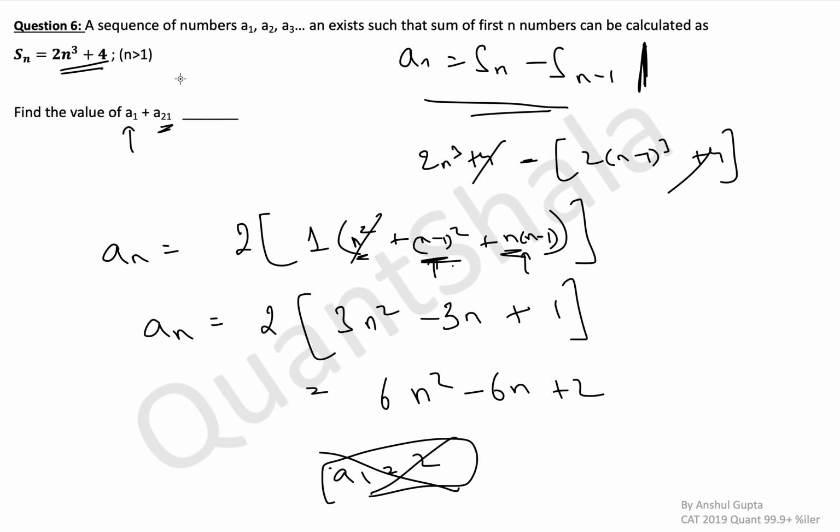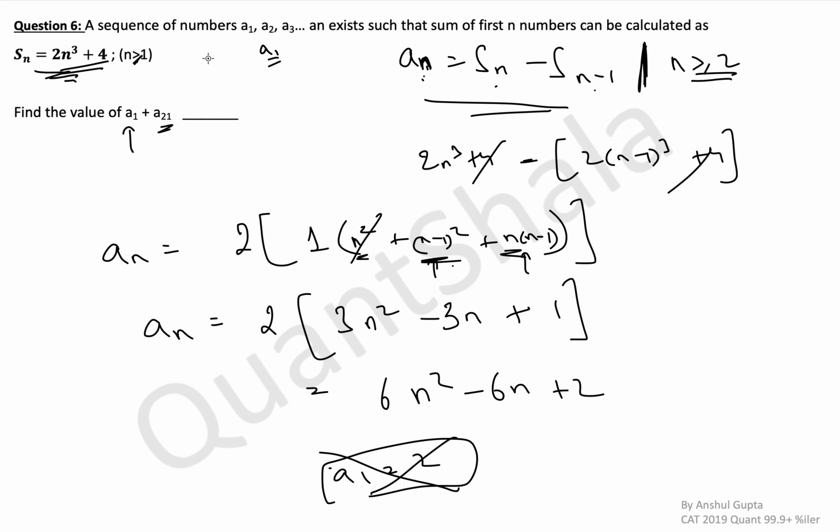For Sn we are given n greater than or equal to 1, which means that here n has to be at least 2, because if n is 1, you will get a1 equal to S1 minus S0, but S0 is not even valid. So here you have n greater than or equal to 2. So you cannot calculate a1 from this. How do you calculate a1? a1 can simply be calculated from S1, because the sequence starts from the first term, which is a1.